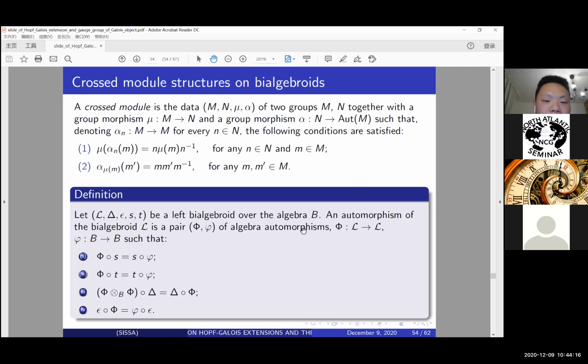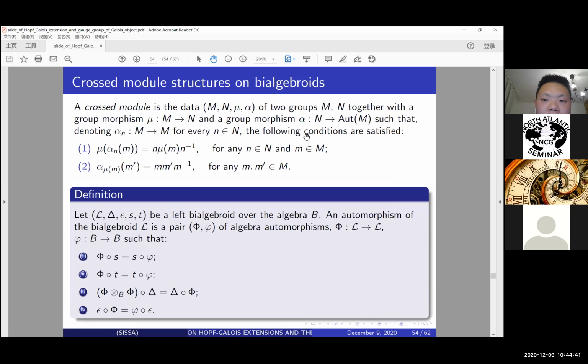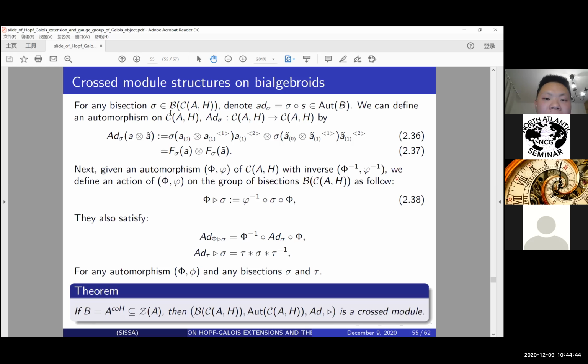So first, an automorphism consists of a pair of algebra automorphisms: the first one is from L to L, and the second one is from B to B. They satisfy some compatibility conditions 1, 2, 3, 4, where 3 and 4 mean that phi is a coring map on the corresponding coring structure of L. As a crossed module, we need to define the map from one group to another, where the at map is a map from the group of bisections to the group of automorphisms, which is given by 2.33, that at sigma of A tensor A tilde equals F sigma A tensor F sigma A tilde.